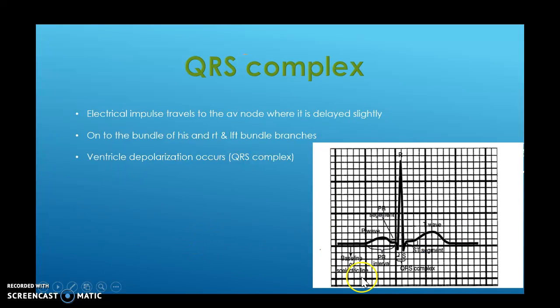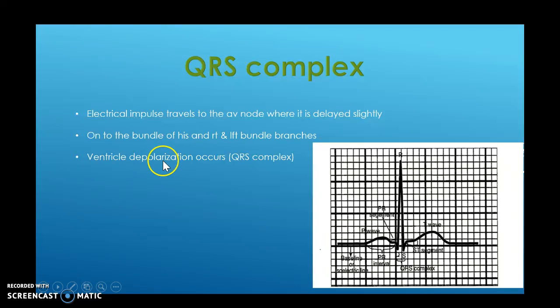Okay. The QRS complex. So it's QRS complex is what that's called. And that is electrical impulse that travels, when the AV node is delayed slightly, onto the bundle branches, the right and left bundle branches. And then ventricular depolarization occurs. Okay. QRS complex.